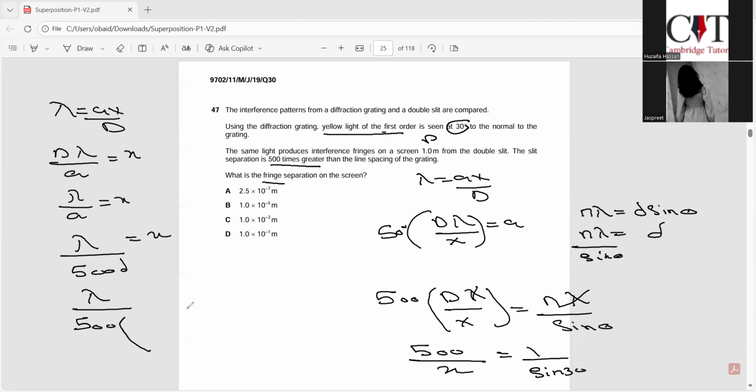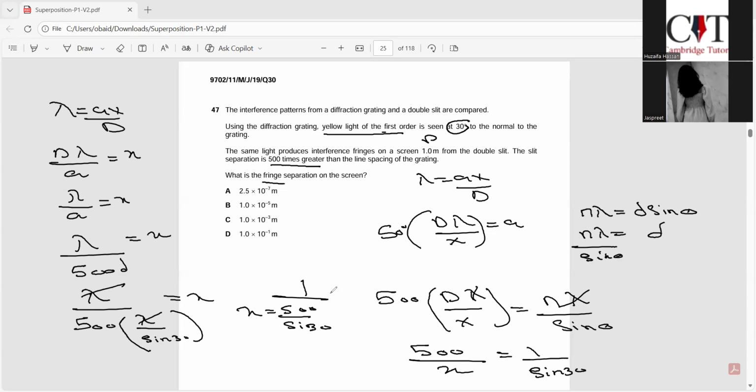We know n is first order, so n would be 1. So it would be lambda over sine 30 equals x, and lambda is being cancelled. Now x equals 500 divided by sine 30, and 1 is your numerator, right?